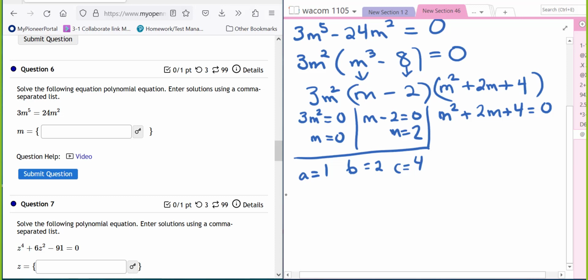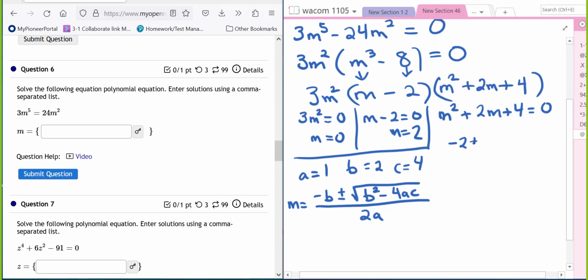So X is equal to, or M is equal to negative B plus or minus square root B squared minus 4AC all over 2A. So my B is 2, so I'm going to go up a little bit just so I can have more room.